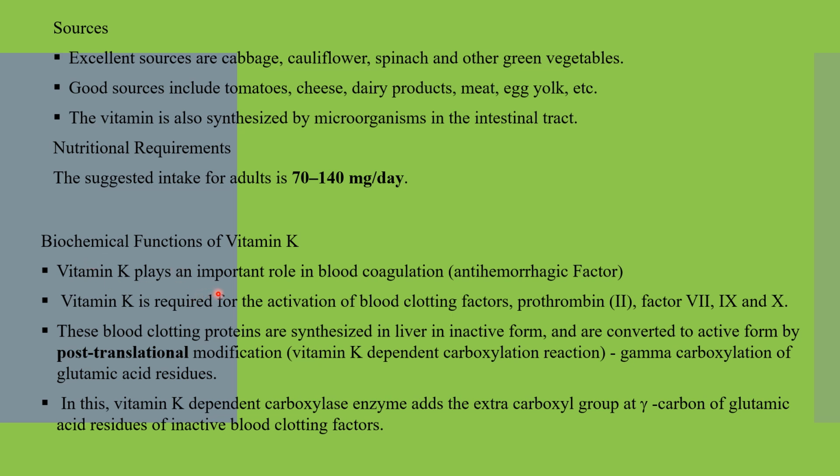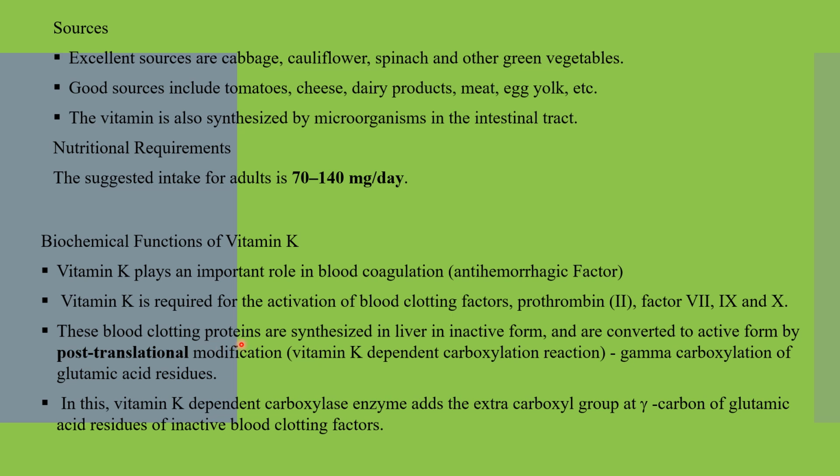And biochemical functions of vitamin K. Vitamin K plays an important role in blood coagulation. It is also known as an anti-hemorrhagic factor. Vitamin K is required for activation of clotting factors: factor 2, factor 7, factor 9, and factor 10.